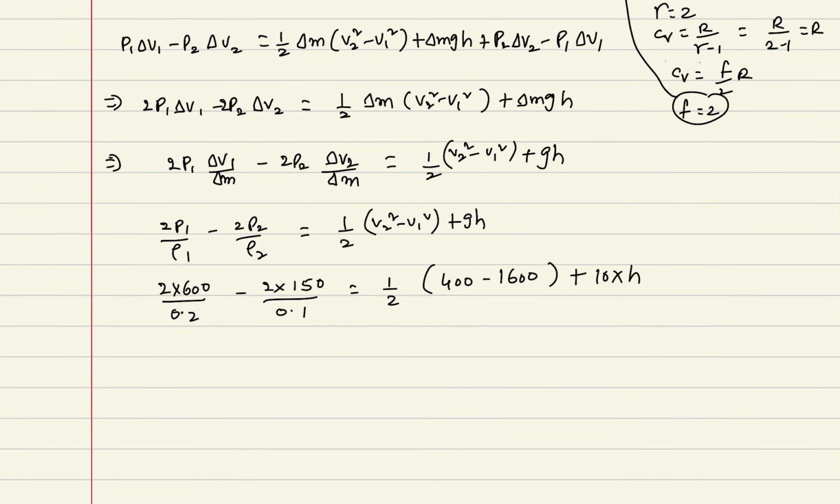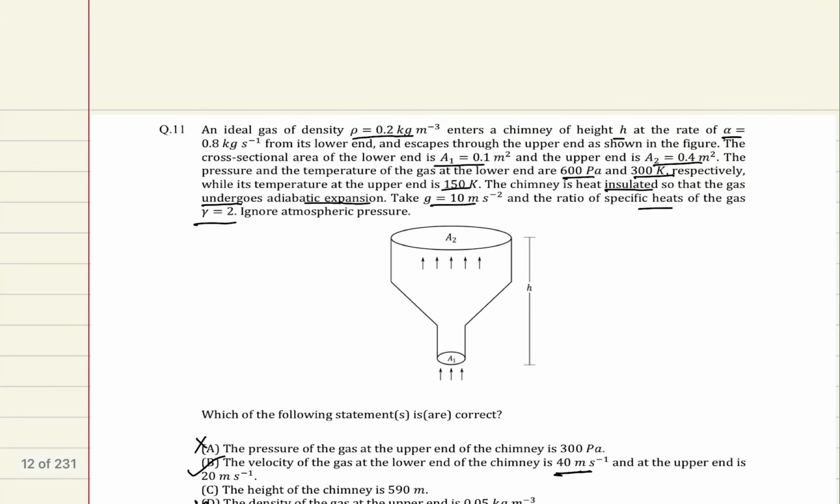If we substitute these values, we get 6000 minus 3000, which is half into minus 1200, plus 10 into h. Then we get 3600 is equal to 10 into h. h is equal to 360 meters.